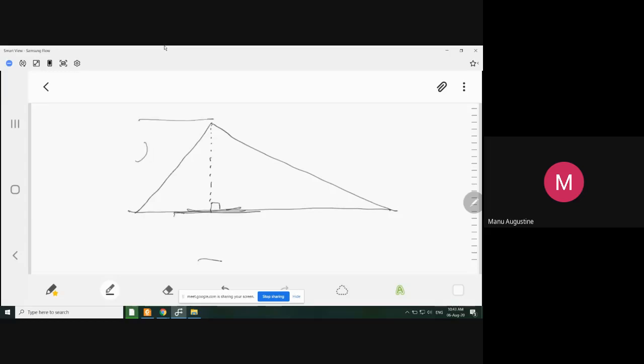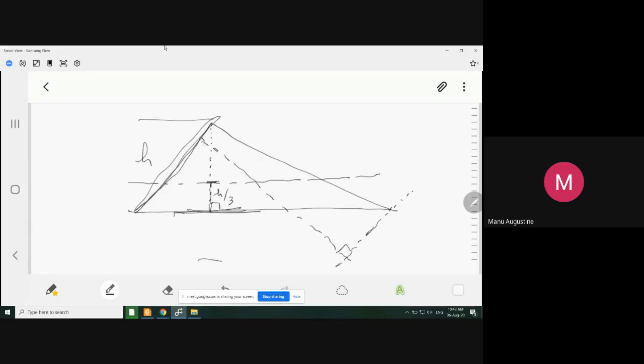If this height is h, move to a distance of h/3 and draw a line parallel to the base. And now make this as the new base and draw a parallel line at the vertex and find out what is the perpendicular height of this.